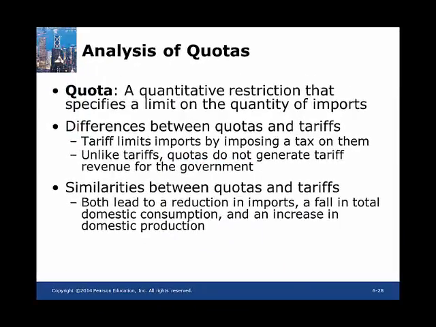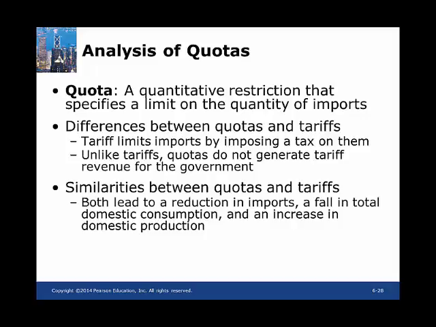Analysis of quotas. A quota is a quantitative restriction that specifies a limit on the quantity of imports. Differences between quotas and tariffs: tariffs limit imports by imposing a tax on them.